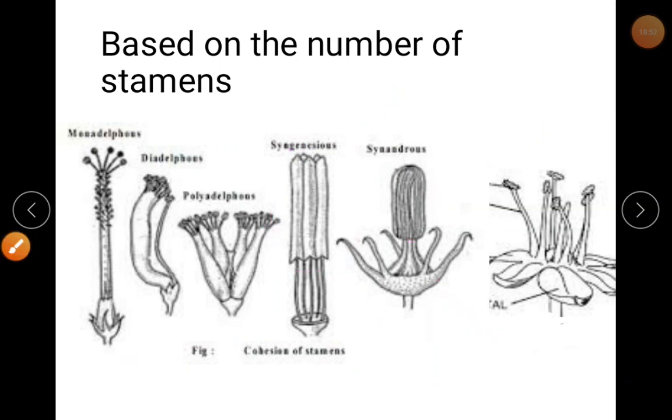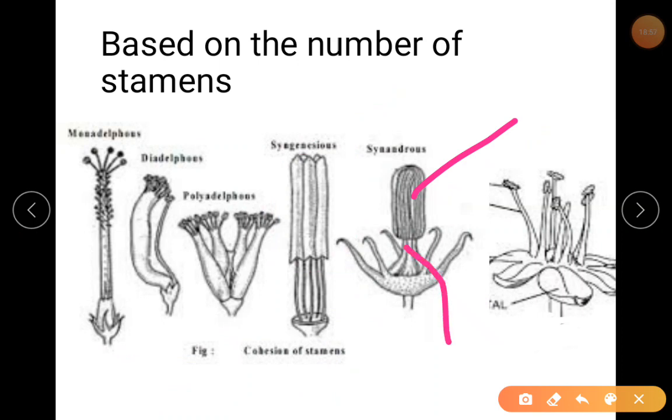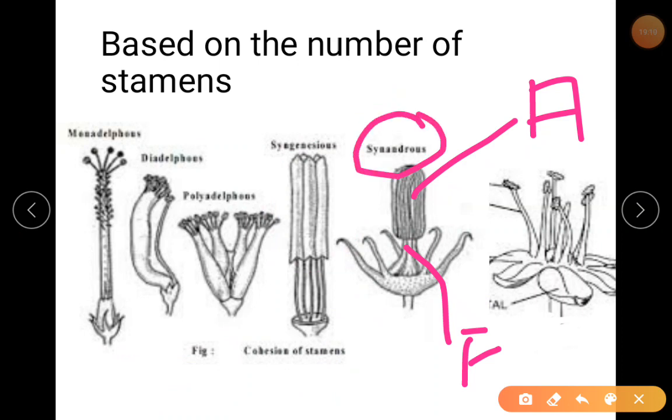Observe carefully. There are many anthers, and each anther has a filament. So all the filaments fuse to form one bundle, and all the anthers are forming one bundle. So together everything is clubbed, and the term is called synandrous. Syn means fused. Synandrous.